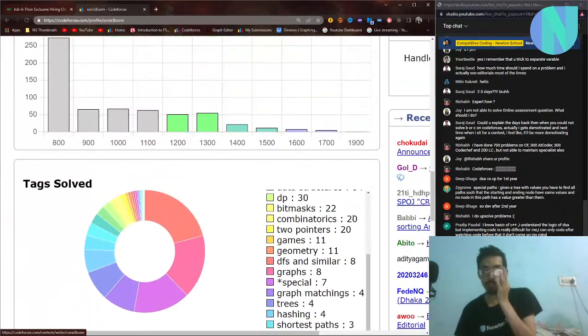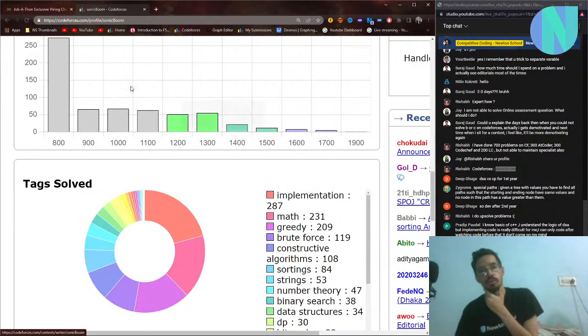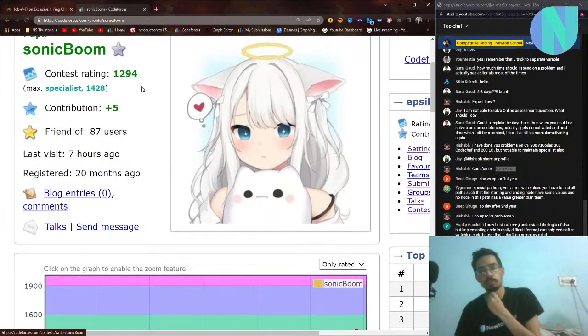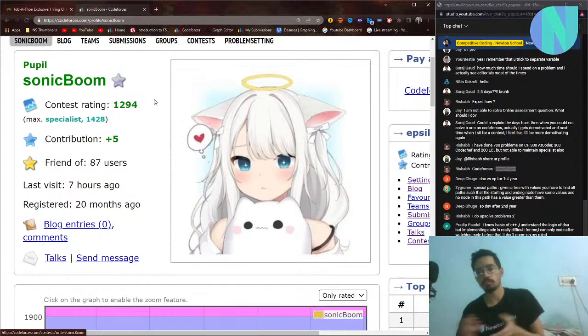I recommend you to read code of top coders to improve your implementation and learn how to implement things in a better way. Working on your implementation is good enough for now. You don't need to learn any new concepts, because if you are trying to reach specialist, just knowing sorting and BFS/DFS is more than enough, right? You need to work on your implementation and solve more ad hoc problems.